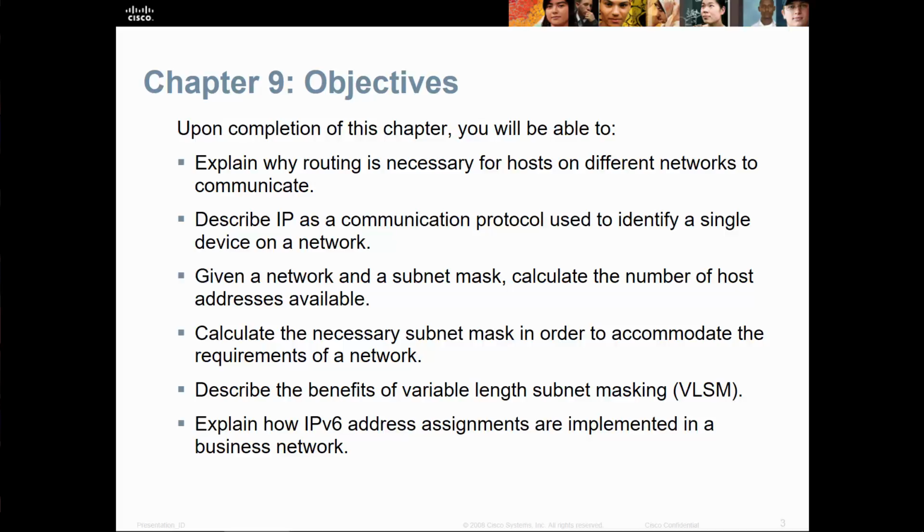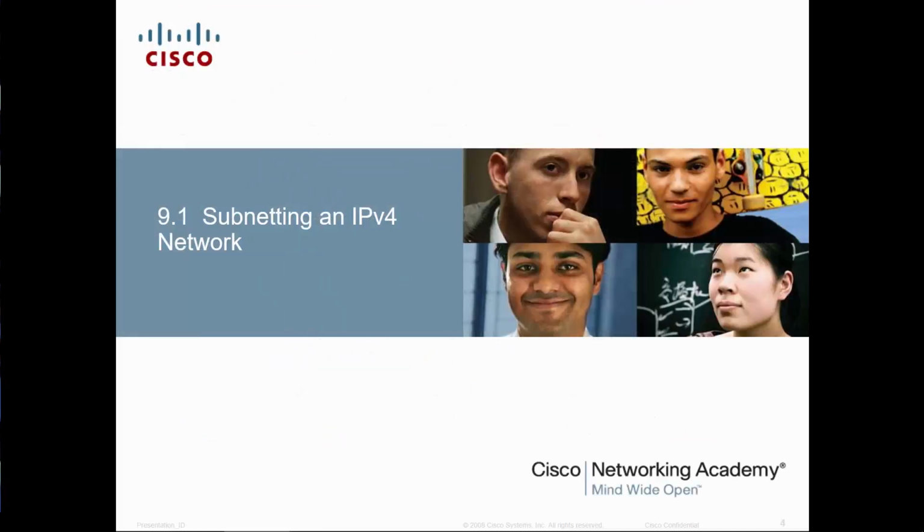Given a network, you should be able to calculate the subnet, first usable, last usable, broadcast, network ID, explain kind of how IPv6 address assignments are implemented in a traditional business network, and basically describe what IP communication protocol is and how to identify a device on a network. Again, all of that's dealing with just our individual IP addressing. So let's start off with subnetting IPv4 networks.